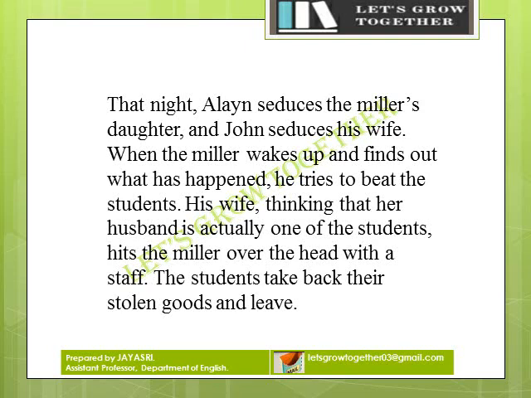When the miller wakes up and finds out what has happened, he tries to beat the students. His wife, thinking that her husband is actually one of the students, hits the miller over the head with a staff. The students take back their stolen goods and leave.